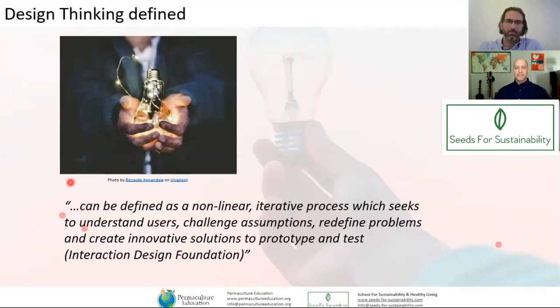Design thinking can be defined as a nonlinear, iterative process which seeks to understand users, challenge assumptions, redefine problems, and create innovative solutions to prototype and test. That definition is from the Interaction Design Foundation, one of the leaders in putting forth this concept of design thinking, with a special focus on product development.